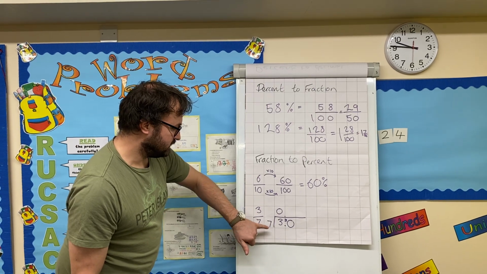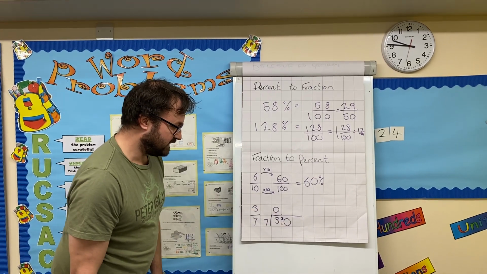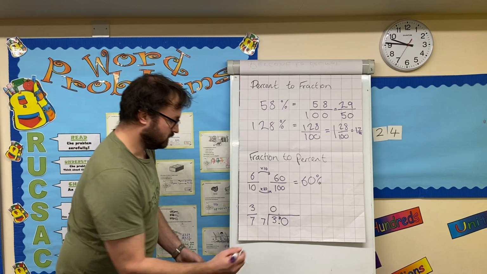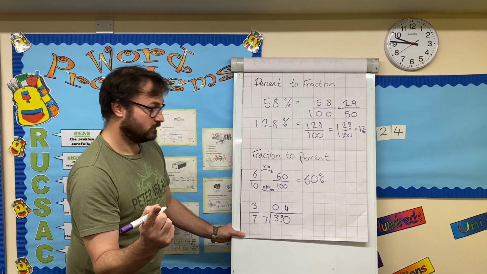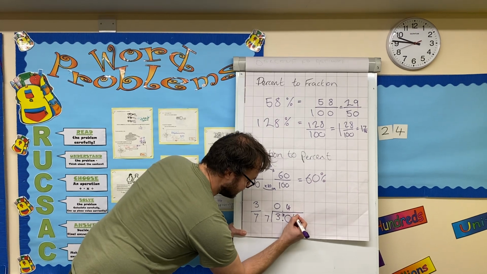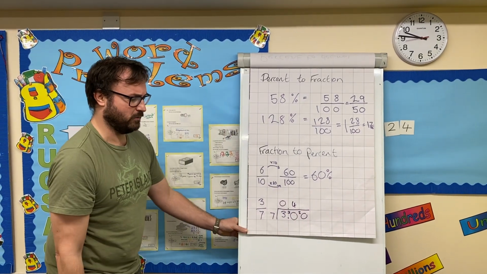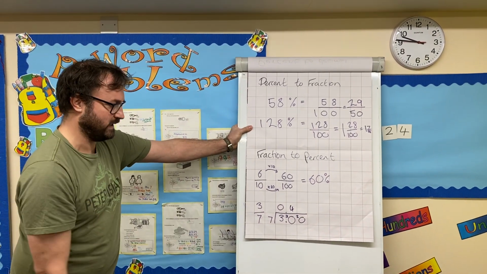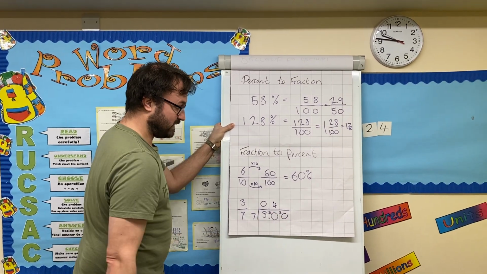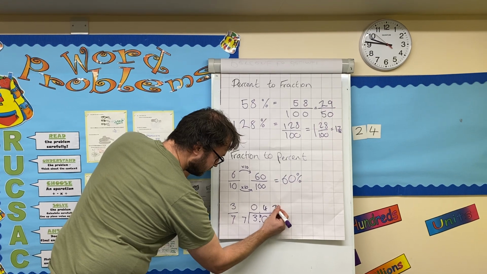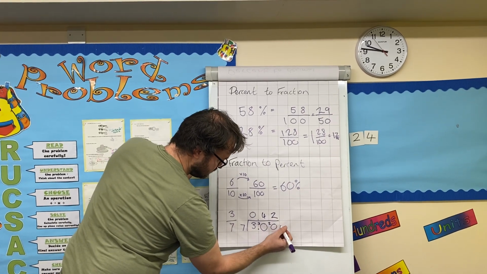So 7 into 30. 4. Thank you, Mr. Atkinson. With 2 left over. Yes, this one might go on for a bit, a bad example to choose. So 7s into 20. That's 2. And you have 6 left over.